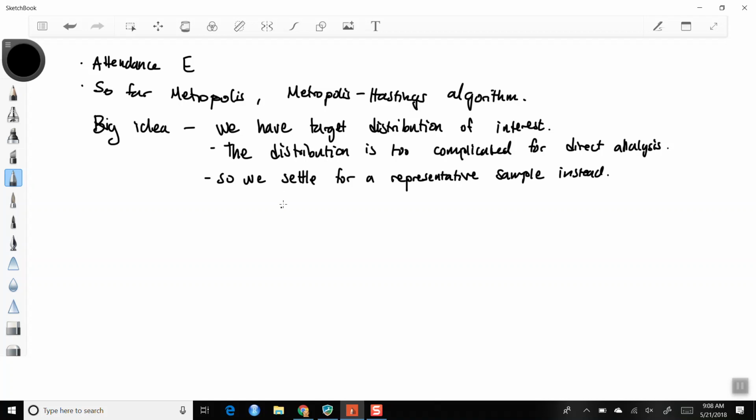So we settle for a representative sample, and so this was things like inverse CDF and rejection sampling, and these are good ways to get representative samples, okay? But in some cases, even these methods are no good because the space is so huge that rejection sampling would become incredibly inefficient, okay?